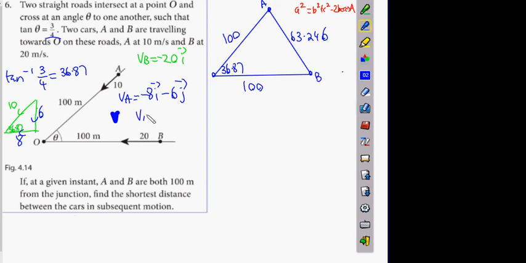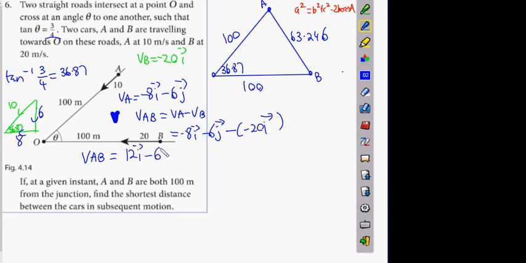VAB is basically VA minus VB. So once again, it's going to be minus 8i minus 6j minus minus 20i, and what that will become is VAB equals 12i minus 6j.